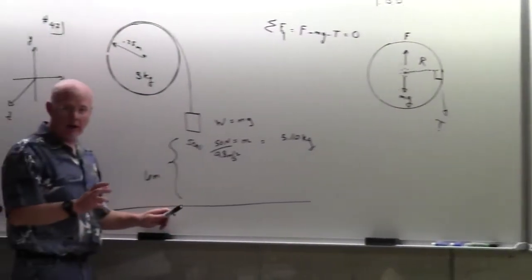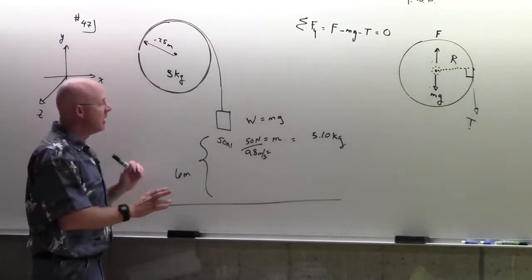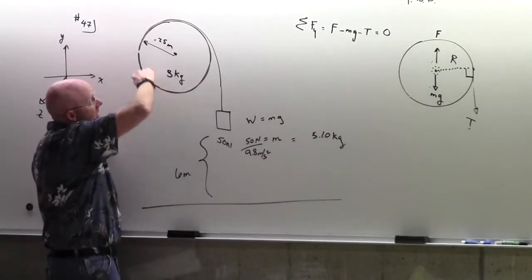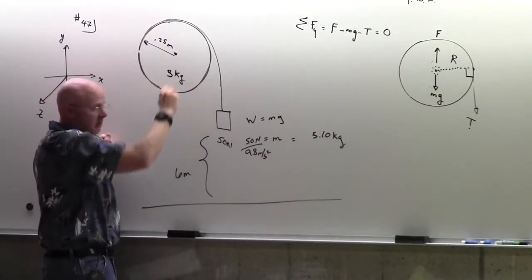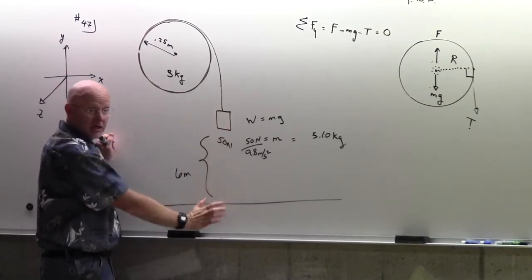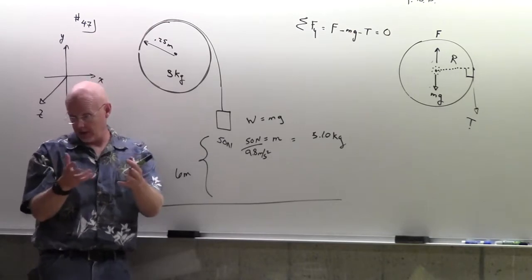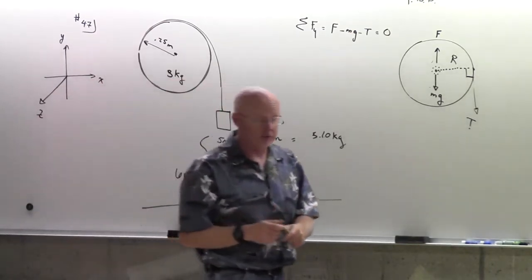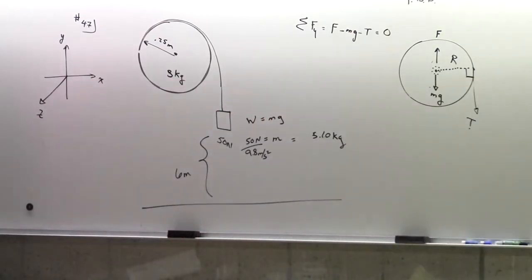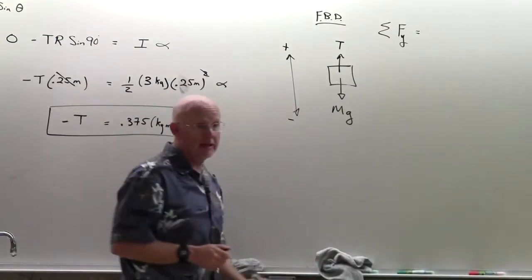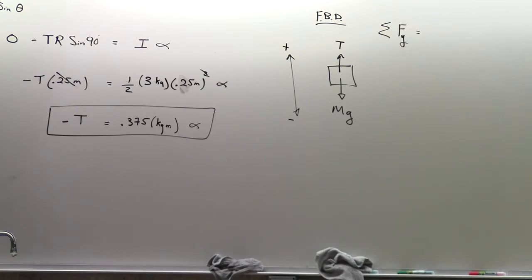And so that I can be careful with my signs, if I'm going to call this a negative direction, which I did, then let me call this a negative direction, which down is traditionally the negative direction, so there's nothing real to change there. But that does mean that I'm going to call the up the positive direction and down the negative direction. So I'm going to stick to the tradition here.